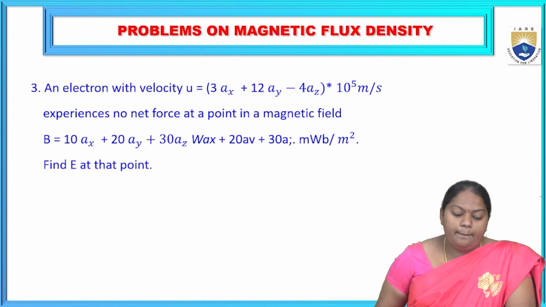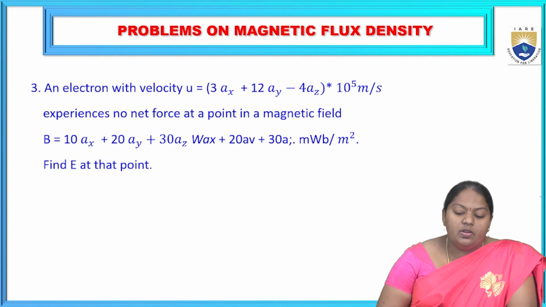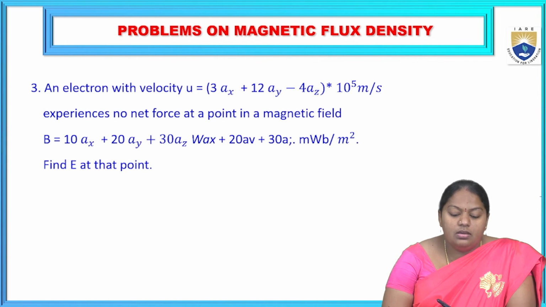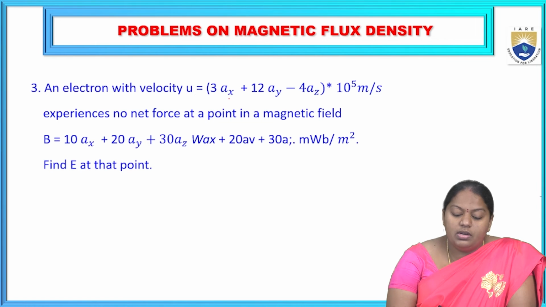Okay, then next, another problem based upon magnetic flux density and the force equations. An electron with velocity u is given as u equal to 3ax plus 12ay minus 4az, into 10 power 5 meters per second.